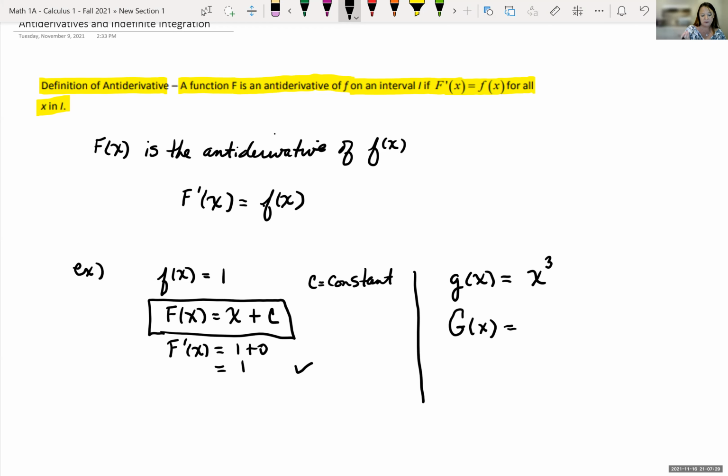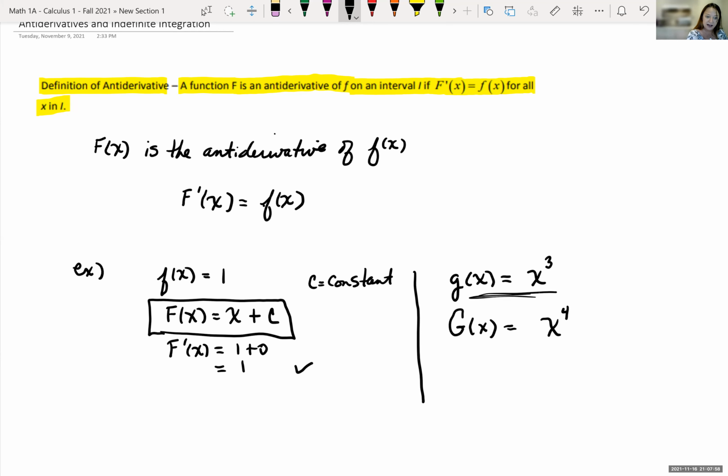And so if we're going to be taking the derivative and we're going to get back x cubed, we know that this has to be a 4th power. But if we took the derivative of x to the 4th, we bring our exponent down and then subtract 1 from our exponent. So right now, we would have 4x cubed. But our original function doesn't have that 4 in there. So we need something that's going to cancel it out.